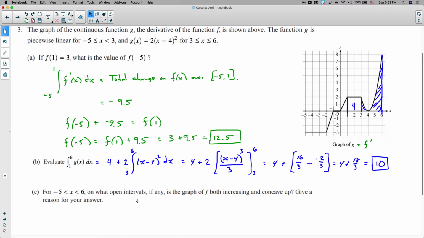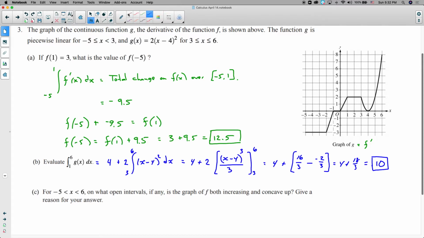On what open intervals, from -5 all the way out to 6, if any, is the graph of f, remember this is f prime, both increasing and concave up? Give reasons for your answers.